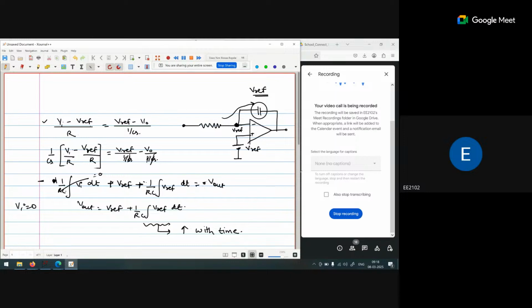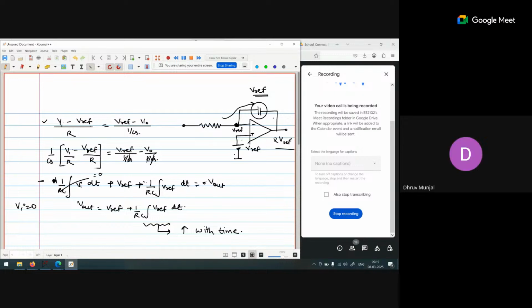So this V ref voltage and this capacitor voltage will provide two V ref, so our voltage will increase. After some time, the capacitor will charge to a higher voltage than that one V ref. So the capacitor will go to 2 V ref. Output voltage is 2 V ref.